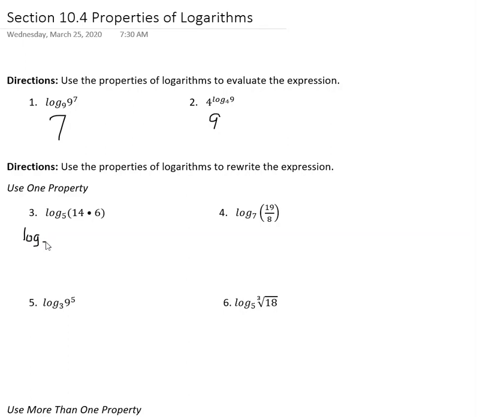I'm going to have the log base 5 of 14 plus log base 5 of 6. In problem 4, I've got a quotient. So I'm going to be subtracting the two logarithms.